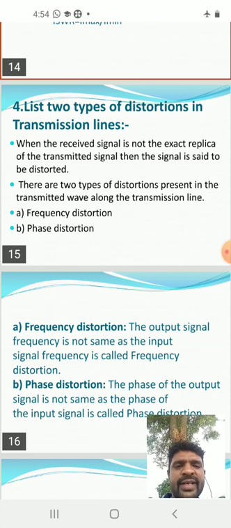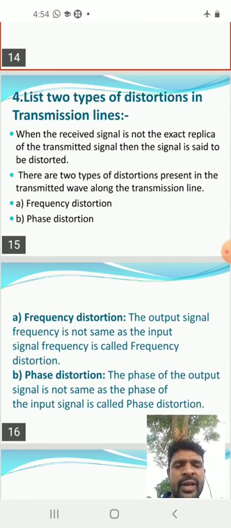What is meant by distortion? When the received signal is not an exact replica of the transmitted signal, then the signal is said to be distorted.